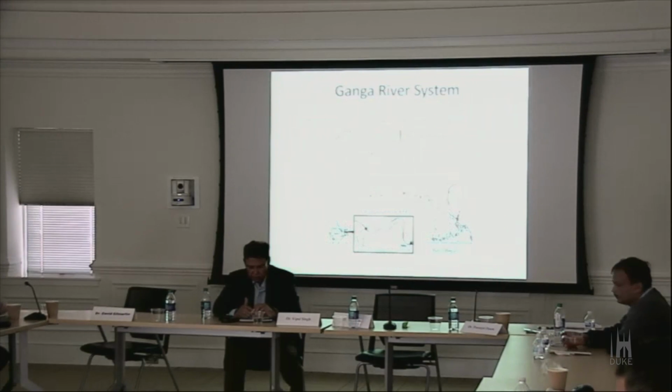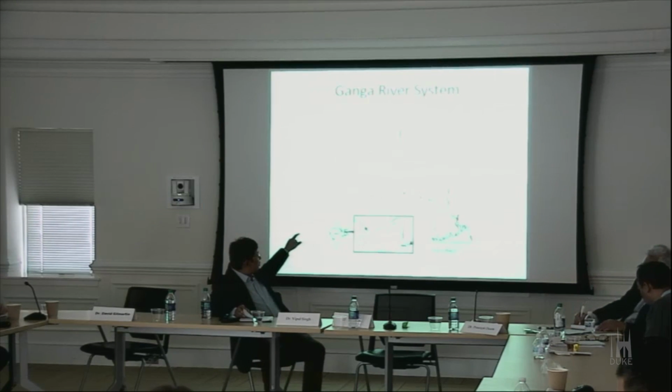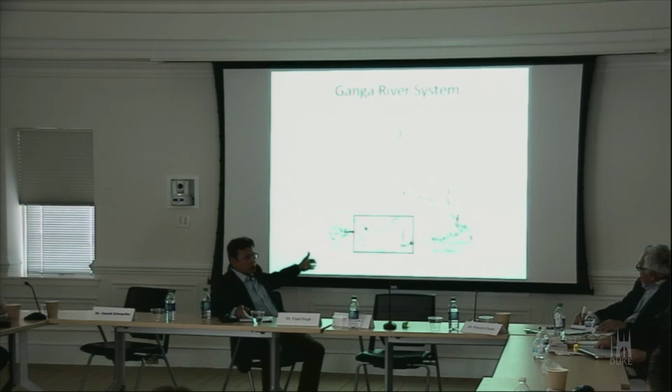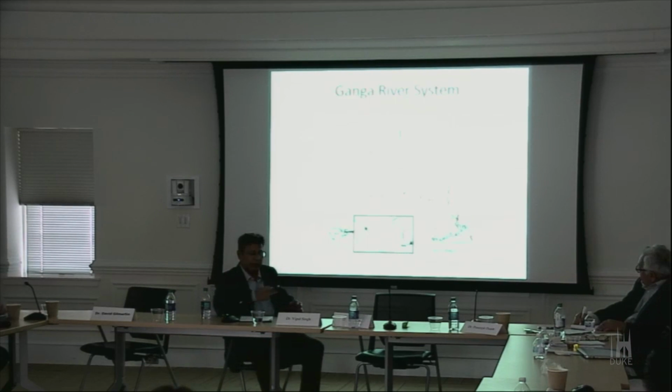The river originates in the Himalayas and flows in a southeasterly direction. But when it reaches the mid-Ganga section, it flows from west to east. The upper Ganga section is actually coming from north to south, but when it enters the mid-Ganga area, it moves from west to east.